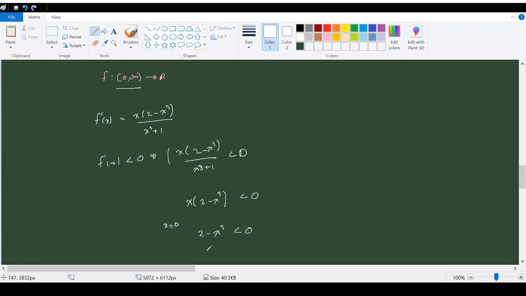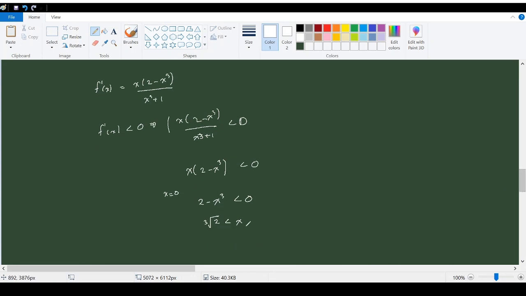And that means 2 less than x cube, so x greater than the cube root of 2, right? So from this one going backwards, we can say that if x is greater than this number, then the derivative is negative.